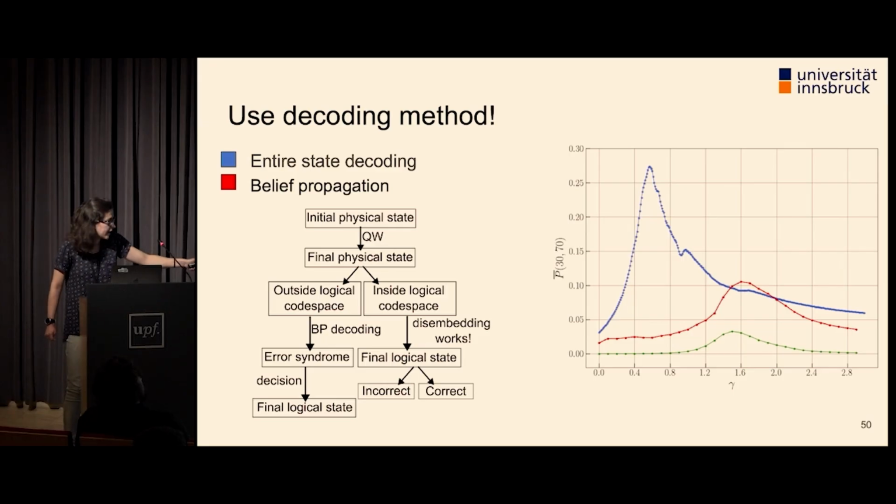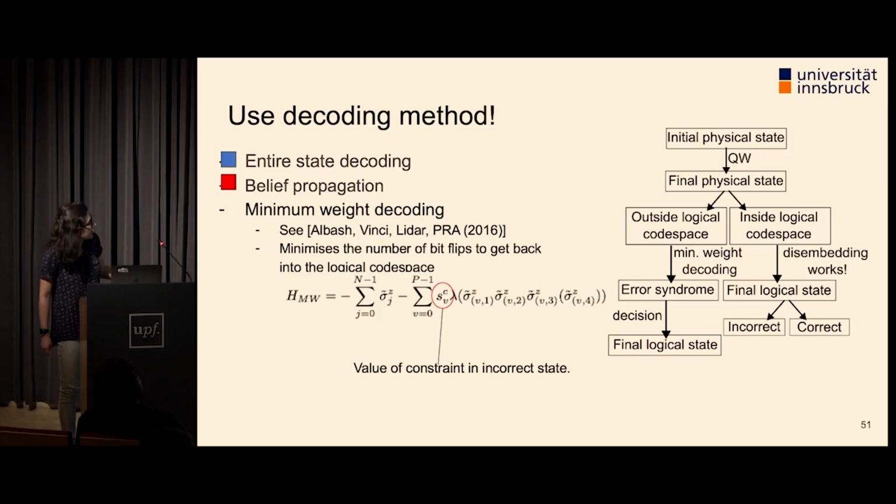So we next looked at another form of decoding, and this was minimum weight decoding, which was first introduced by this Lidar and Co. paper. And the idea behind this is that if you end up in a physical state which is outside the logical code space, it minimizes the number of bit flips in order to get back into a logical code space state. And this can also be represented by its own minimization problem.